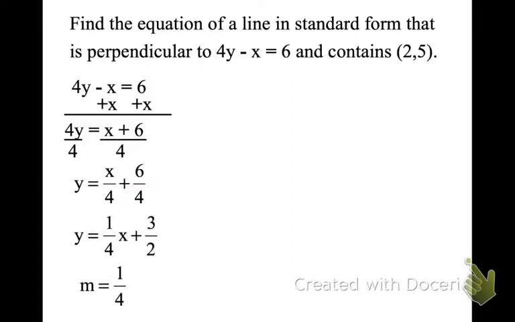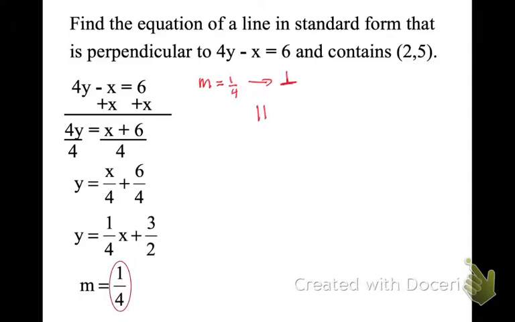Okay? So to find the perpendicular, we're going to use this symbol. Go back for a minute. Okay, so if M is 1/4, the opposite reciprocal, so we can get the perpendicular.